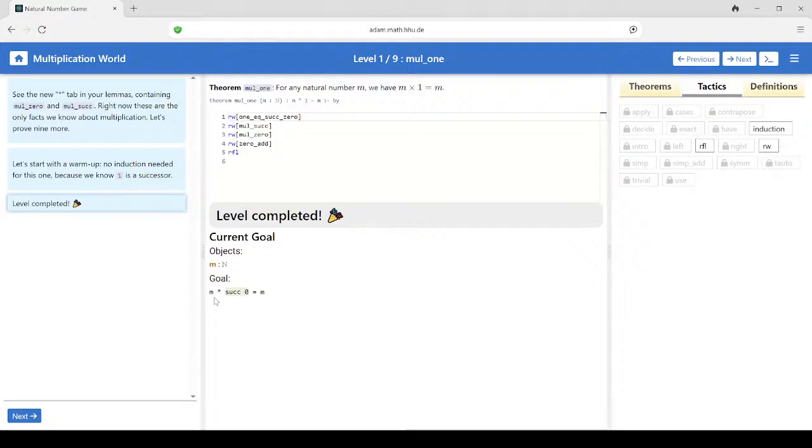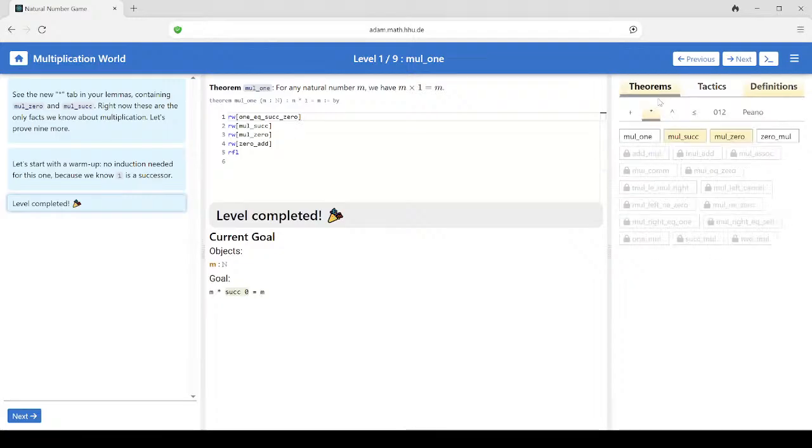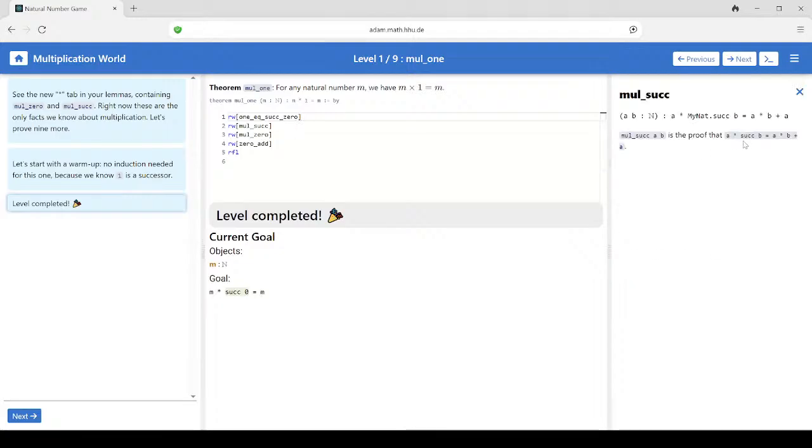I used that to turn this from this into that. And then I suppose I got rid of the 0. And once I got rid of both zeros, yeah.